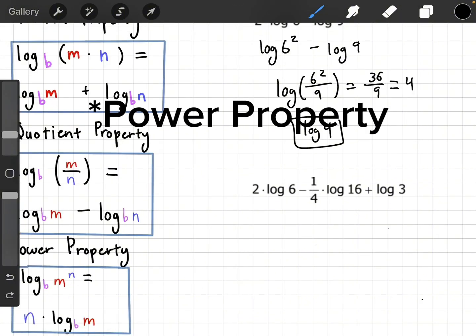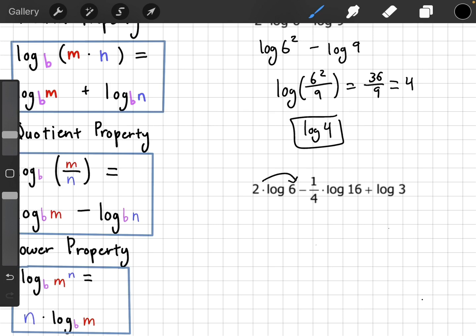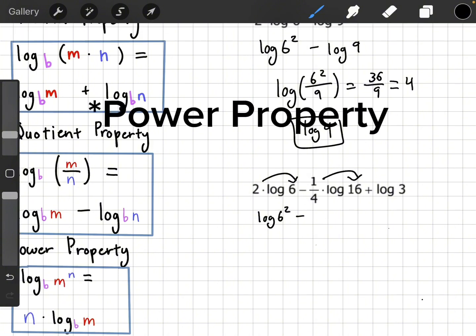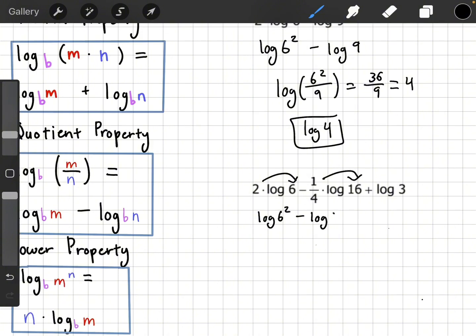Using the power property, we can change this to log 6 squared. And we can use the power property again here to get log 16 to the power of 1/4 plus log 3. 6 squared is 36, minus log 16 to the power of 1/4, which is 2, plus log 3.